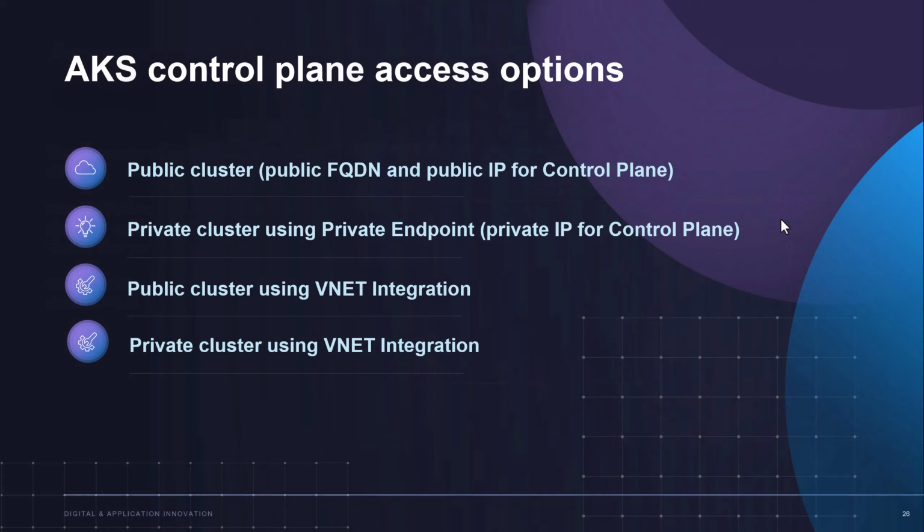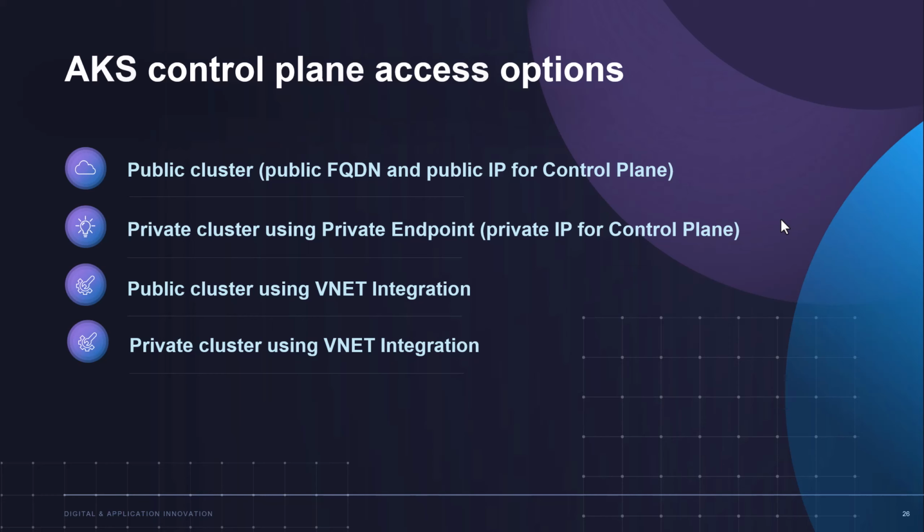So AKS, when it was first introduced 4 or 5 years ago, supported only the public cluster. Public cluster means that the control plane has a public endpoint with a public FQDN and a public IP address. Then, a few years later, AKS introduced the private cluster so that the control plane would be accessible only through a private endpoint, with only a private IP.